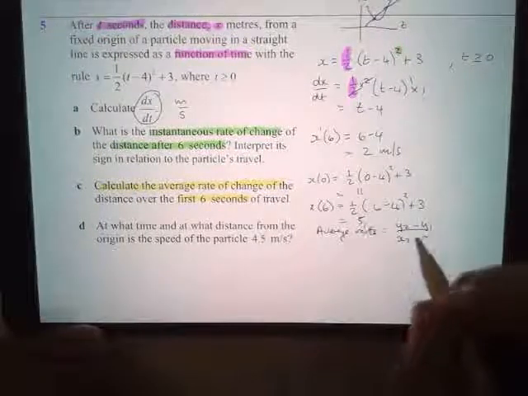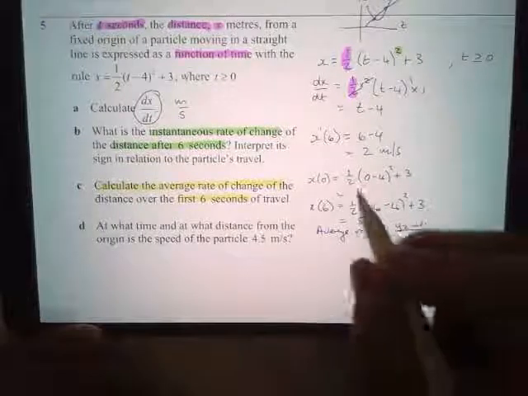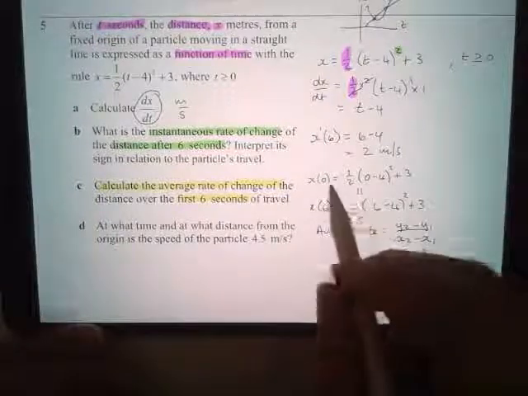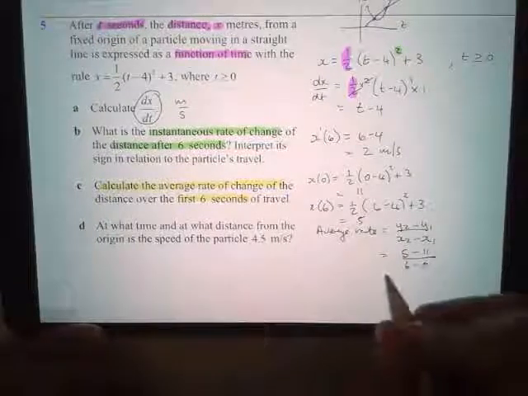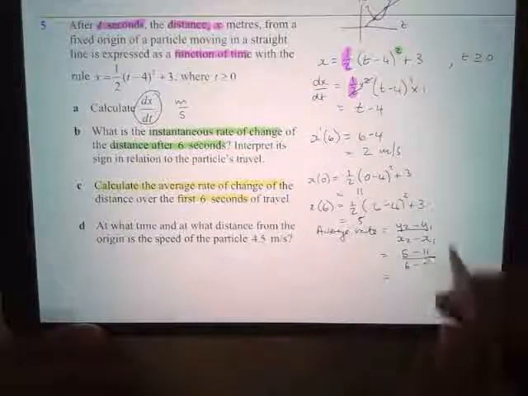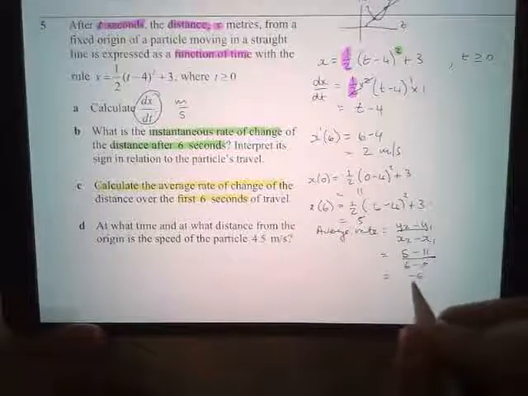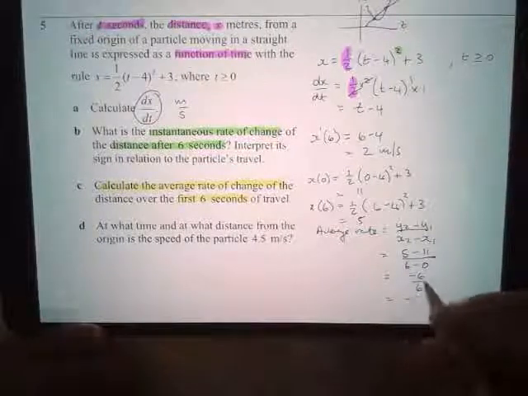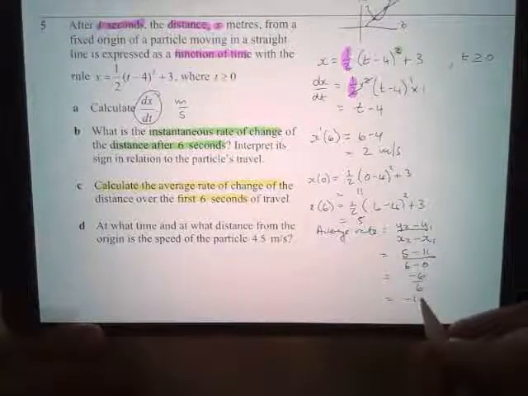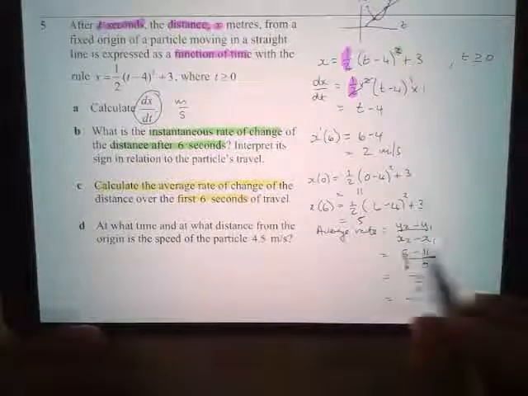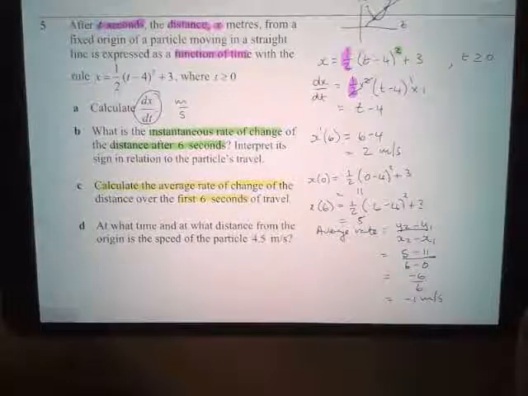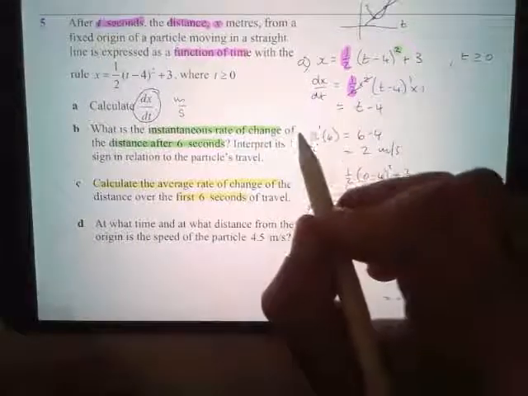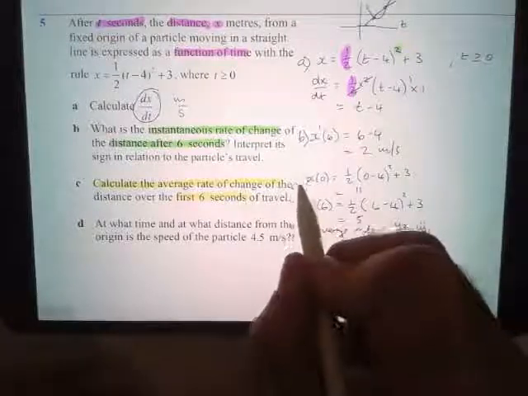So when y2 is 5 and y1 is 11, then x2 is 6, take away x1, which is 0. 5 take away 11 is negative 6, and 6 take away 0 is 6. So my answer is negative 1, and my answer will be in meters per second because it's again a rate of change. Let me just put values: this is A, this was B, this was C.